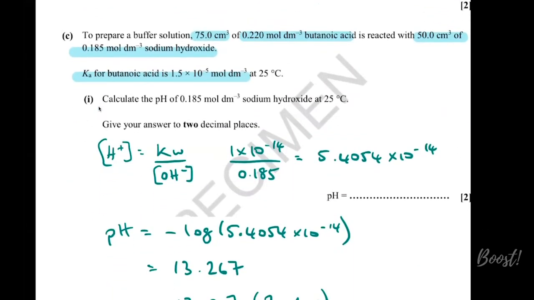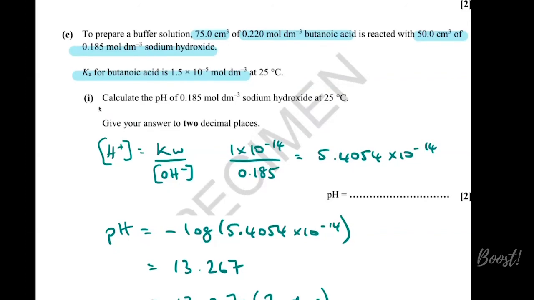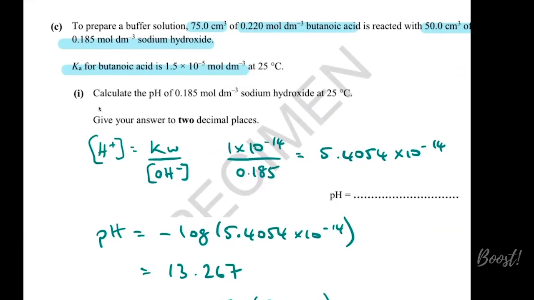Finally, the second part of this question talks about buffers. The introduction talks about buffers as well, but we don't need that for this first part of the question. So to prepare a buffer, we've been given this information about butanoic acid reacted with 50 centimeters cubed with 0.185 moles per decimeter cubed of sodium hydroxide. We've been given a Ka value as well.